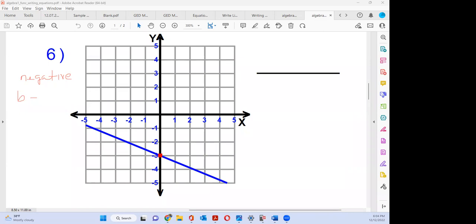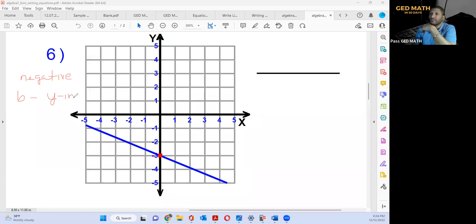The y-intercept. So we know that the y-intercept is -3 because that's where it crosses the y-axis. So very good. We identified that the slope is negative, and that it crosses the y-axis at -3, which is also known as the y-intercept.